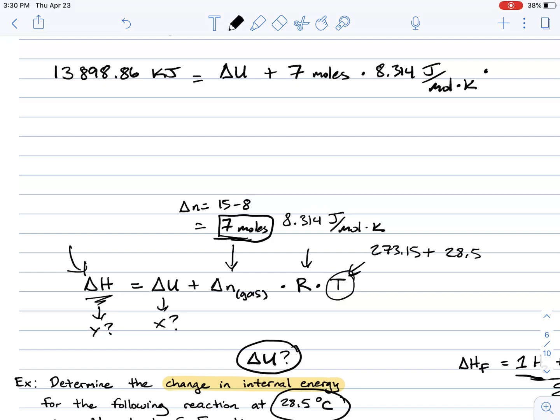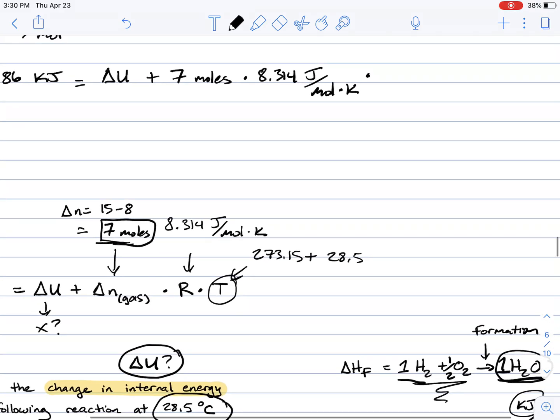And then last but not least, I'll have temperature. 273.15 plus 28.5, and that's going to give me 301.65 Kelvin.